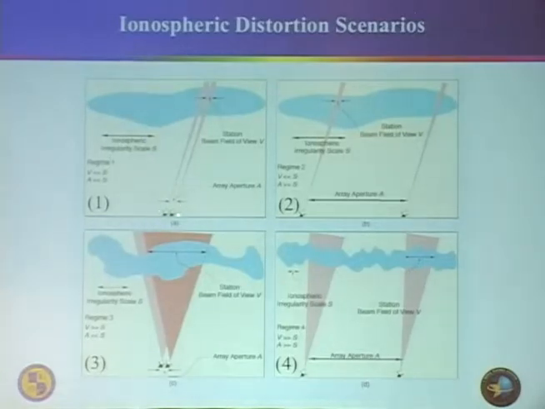When you look at a single station, for example, in some of these new interferometers, when the antennas are fairly clustered closely together, and you're looking at a single bright source on the sky, you can basically calculate what the ionospheric effect is for each of these and correct for it.